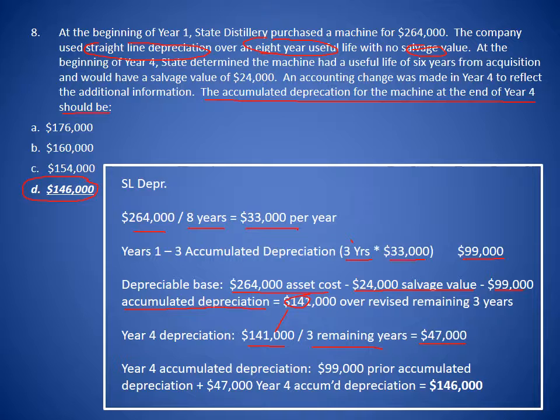So the year 4 accumulated depreciation would be our $99,000 prior accumulated depreciation plus our new depreciation in year 4, $47,000. So I say here, year 4 depreciation expense would be $146,000, but what I should be saying is our year 4 accumulated depreciation should be equal to $146,000.